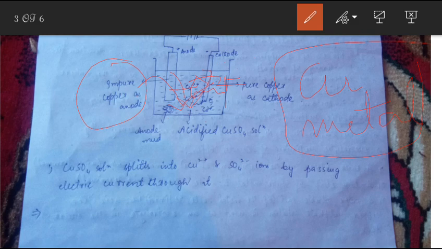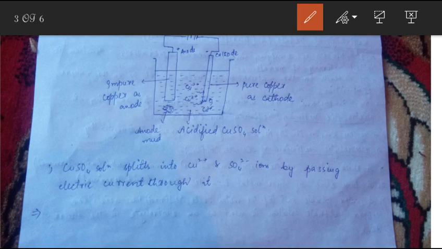After that, what happens to the impurities that were present with the copper metal? There are two types of impurities. Some impurities are highly reactive and some are least reactive.